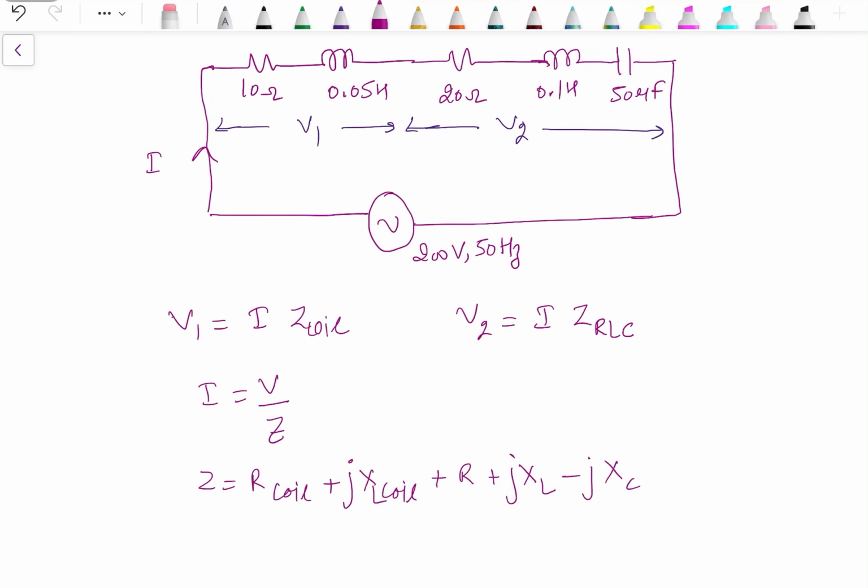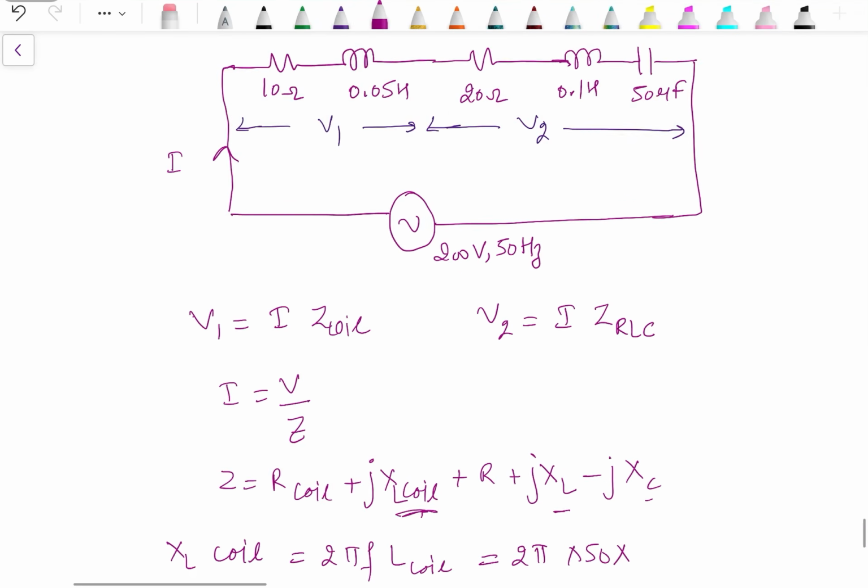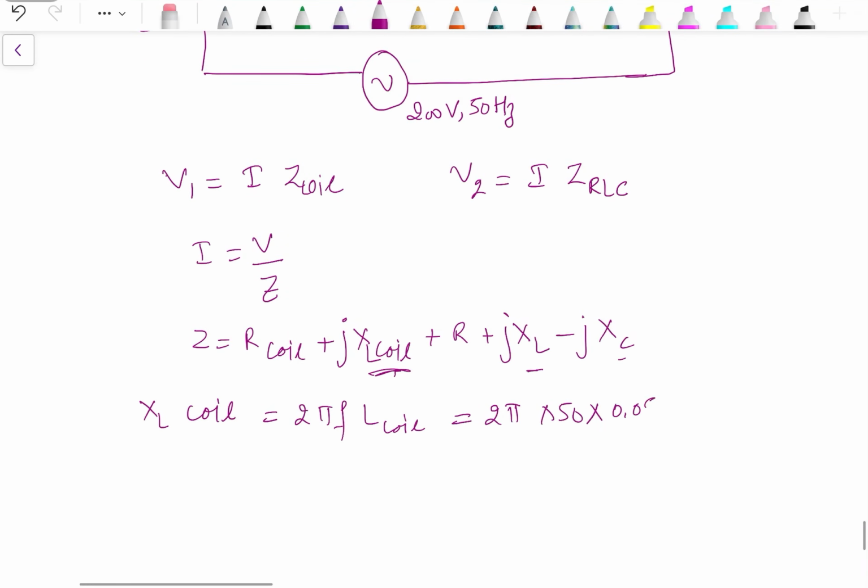So we need to find out the reactance of the coil, reactance of the inductor and reactance of the capacitor. XL coil will be equal to 2 pi F times the inductance of the coil, 2 pi into 50 into 0.05 Henry. So XL coil is 15.71 ohm.